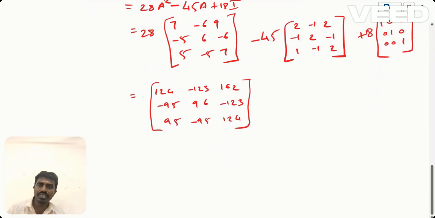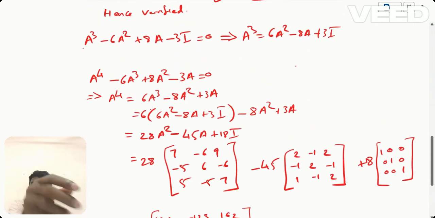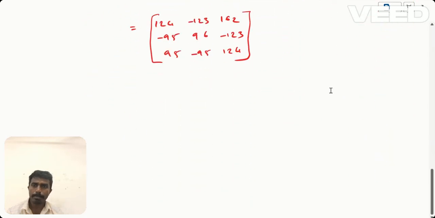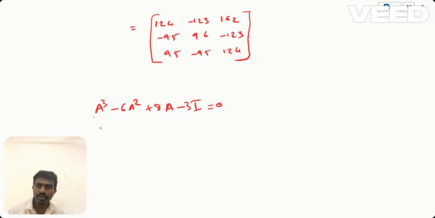Now we need to find A inverse using the same equation. In this equation, you multiply by A inverse. A inverse is possible because we don't have 0 as an eigenvalue here.